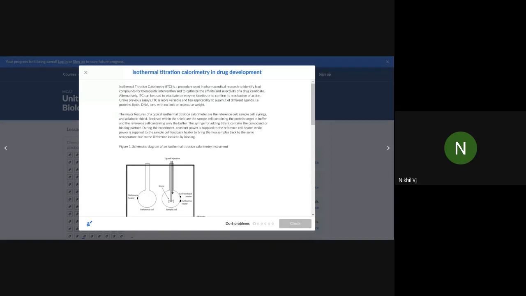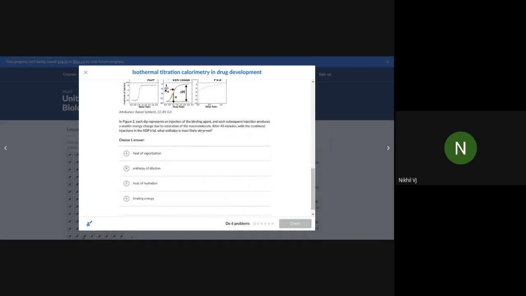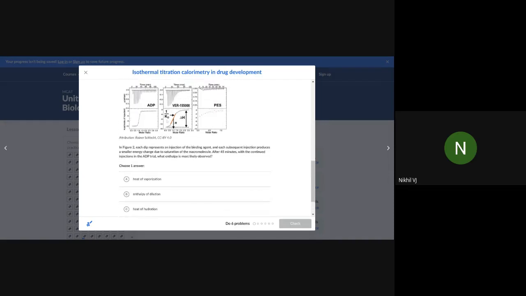All right. So when we're looking at the first question, it asks us what enthalpy we're looking at when we see the 45-minute mark in the ADP trial graph over here. Would anyone like to take a shot at answering this one? Feel free to unmute yourself or type it in the chat.